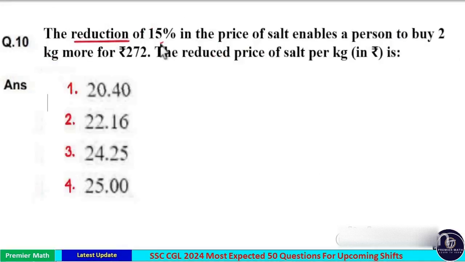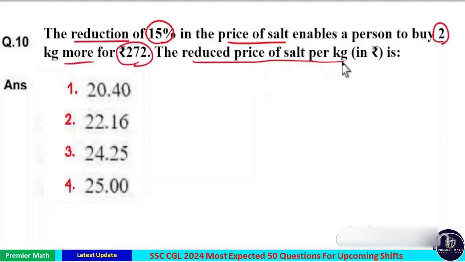The reduction of 15% in the price of salt enables a person to buy 2 kg more for rupees 272. The reduced price of salt per kilogram is? Here, this reduction of 15% leads to 2 kg additional quantity.